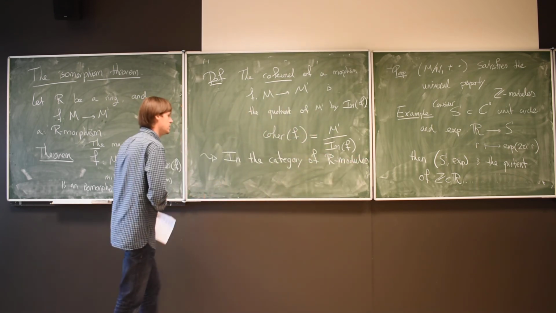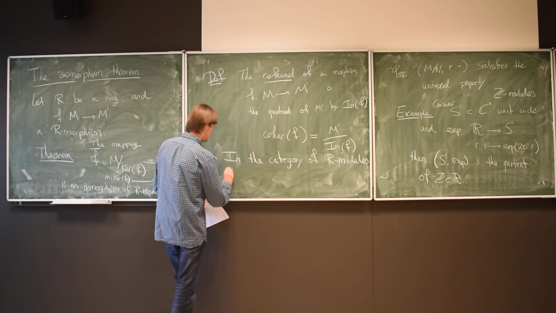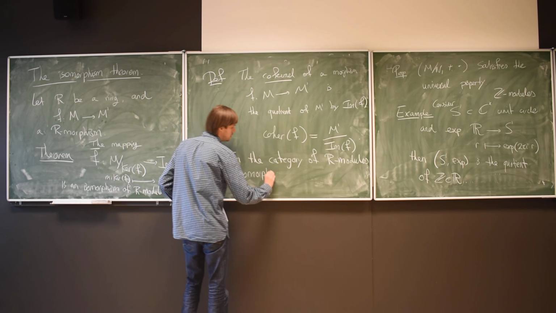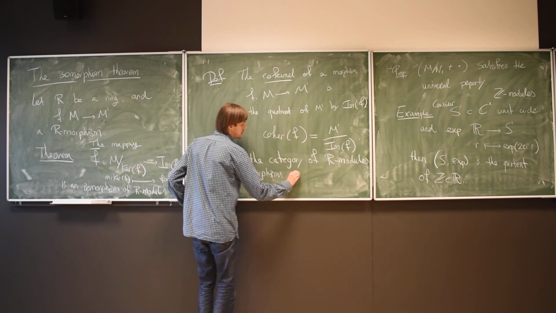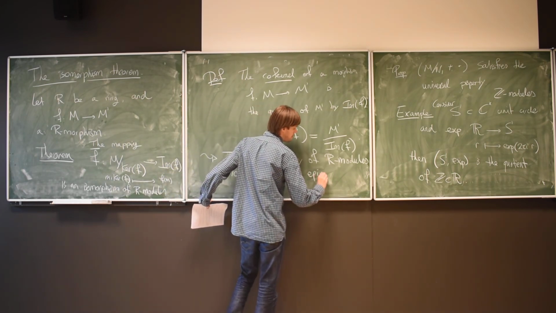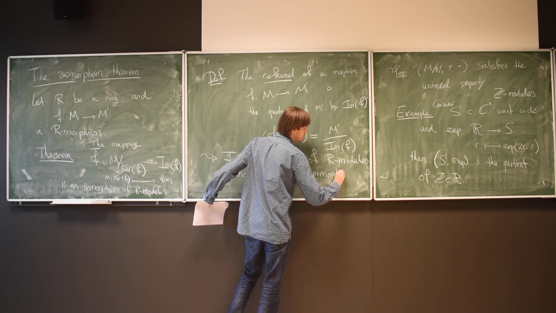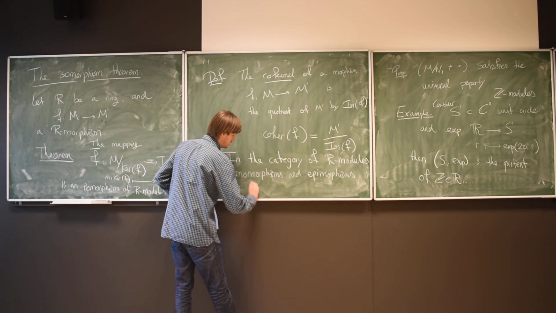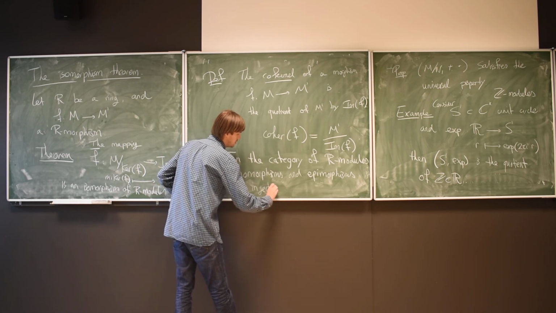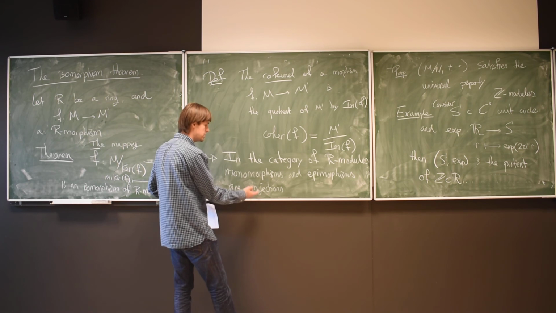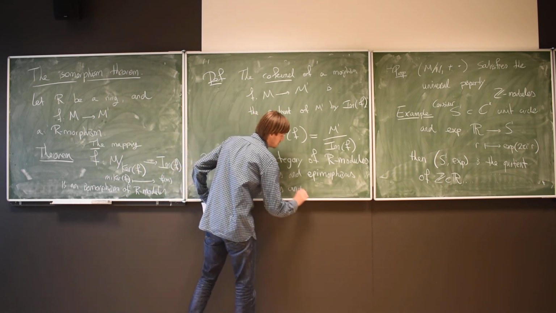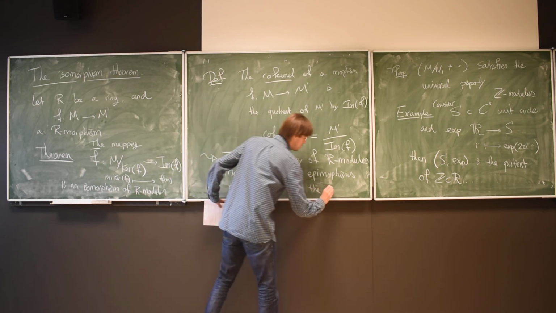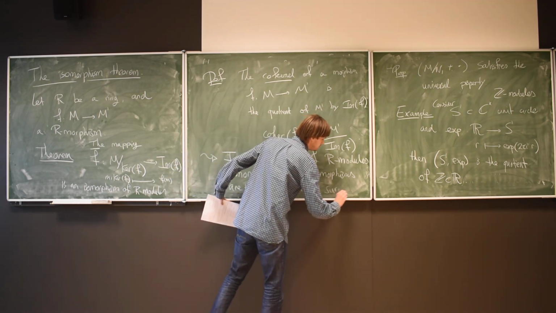So in the category of R modules, monomorphisms and epimorphisms are precisely the injections and surjections.